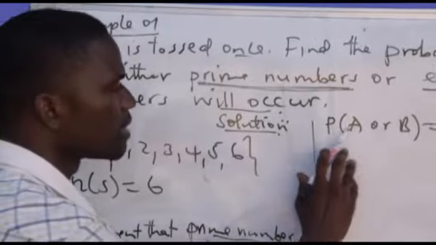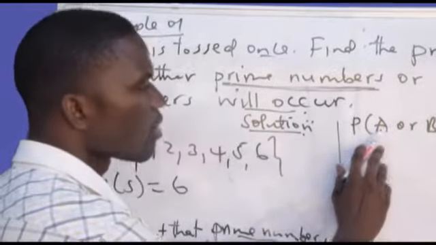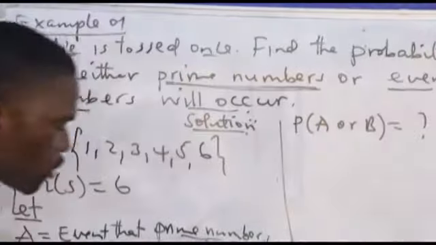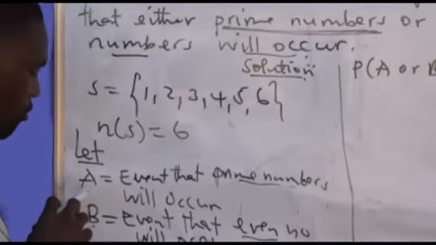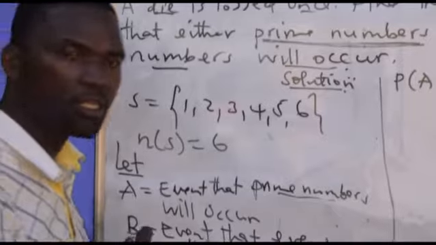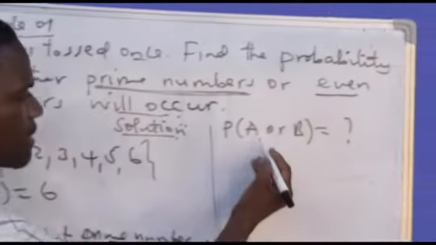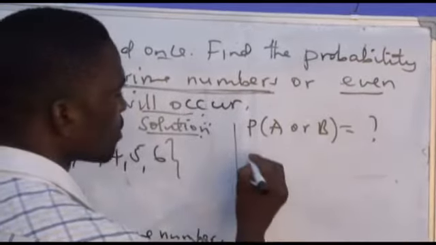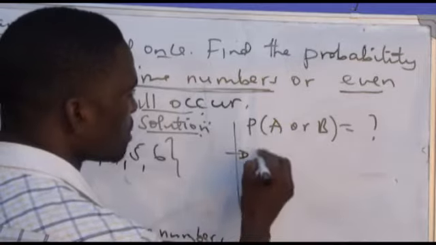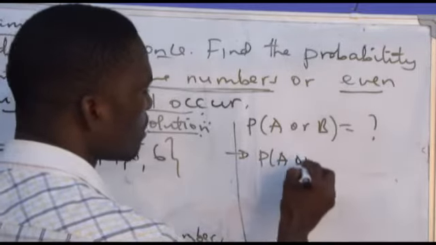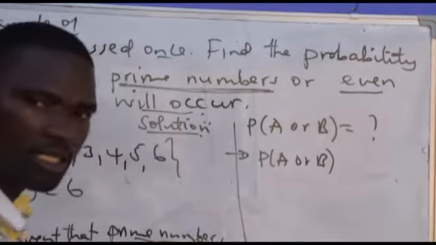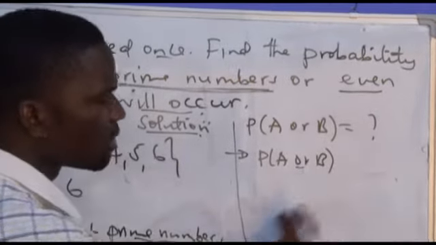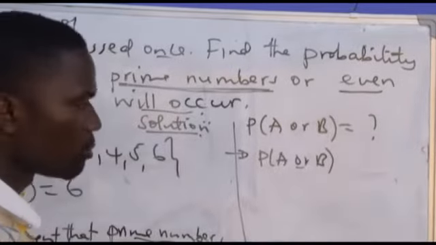This is what the question wants: to find the probability that numbers will be prime or numbers will be even, according to the assumption of what letters A and B represent. This implies the probability of A or B. Using the set symbols, or represents union.